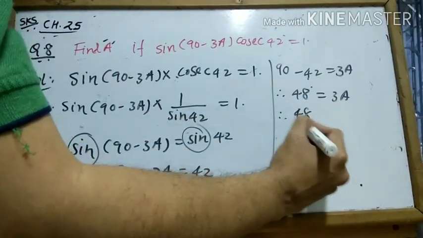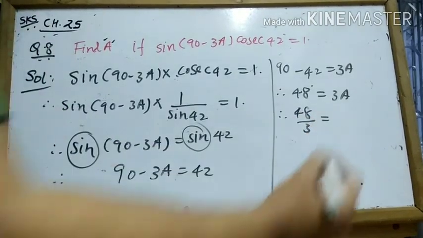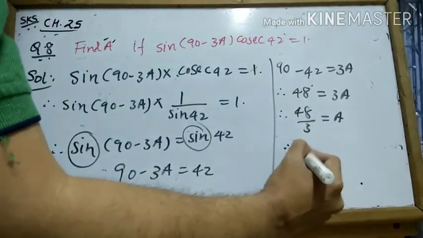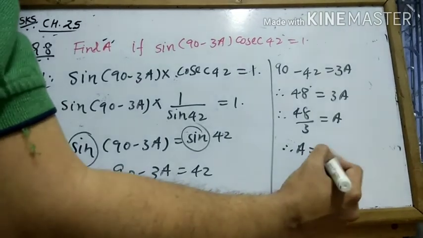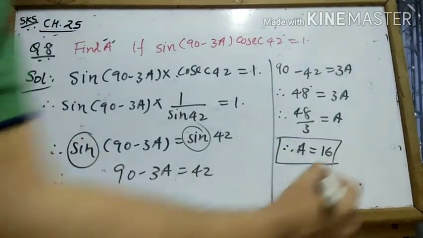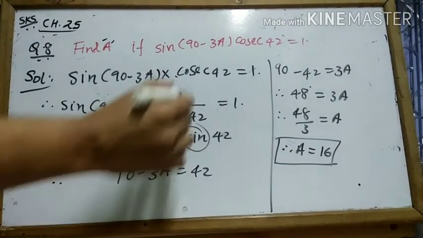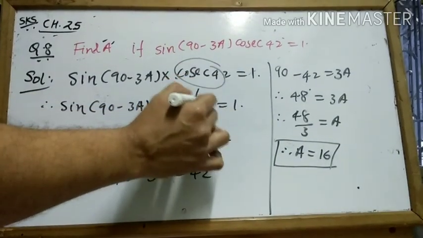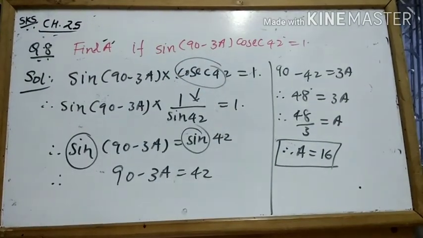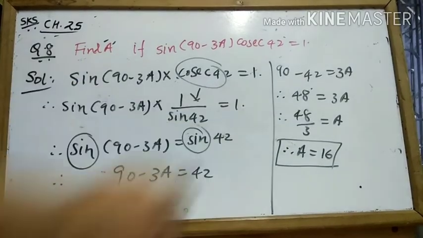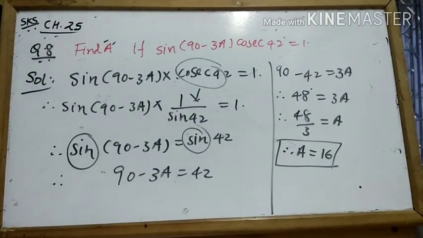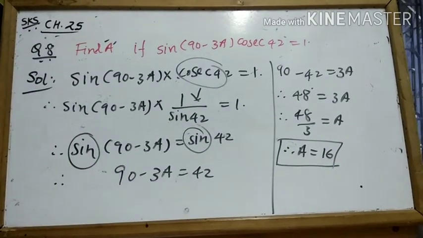So 48 over 3 is equal to A. Therefore A is equal to 16. Key point here to remember, this cosec 42 was to be converted into sine 42, and this denominator had to be taken on the other side in the form of a multiplication. That's all from this chapter.